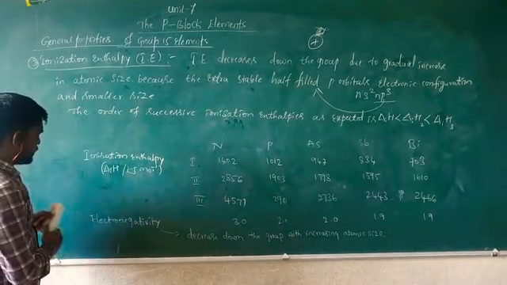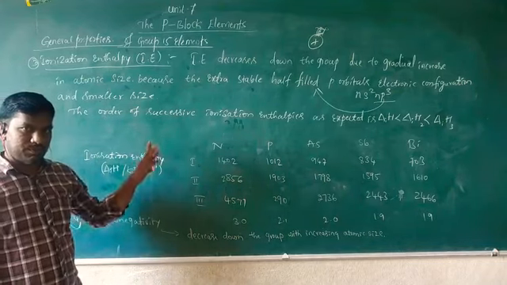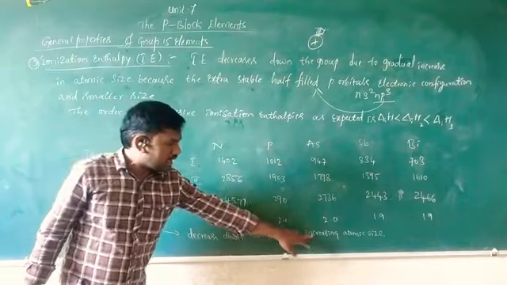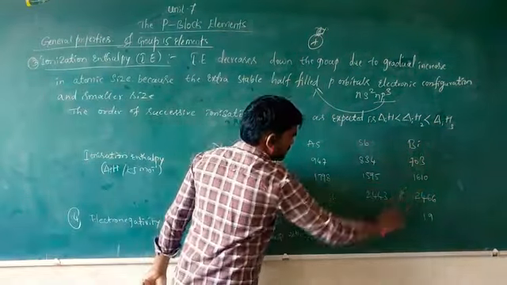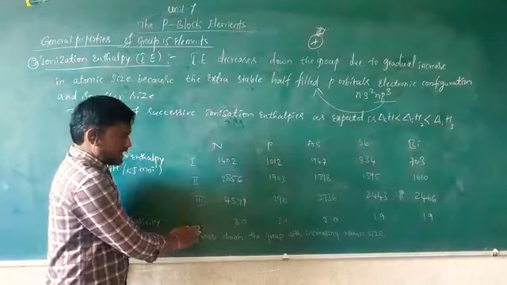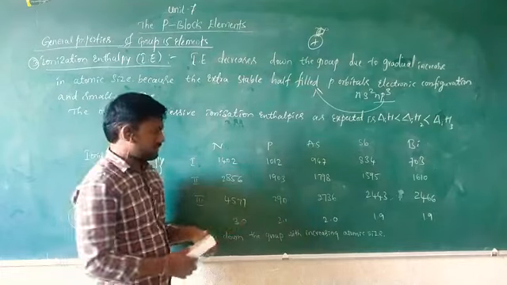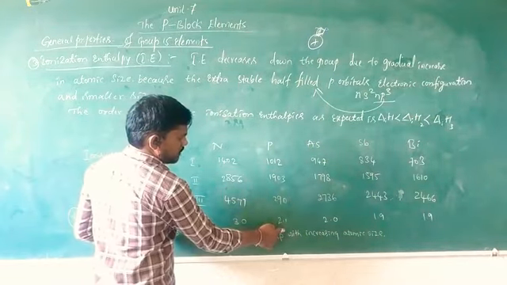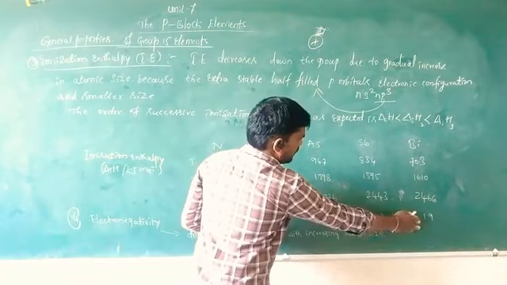Electronegativity, the fourth general property. Electronegativity of the group 15 elements decreases down the group with the increasing atomic size. As atomic size increases, electronegativity decreases. In nitrogen it is 3, phosphorus 2.1, arsenic 2.0, antimony 1.9.